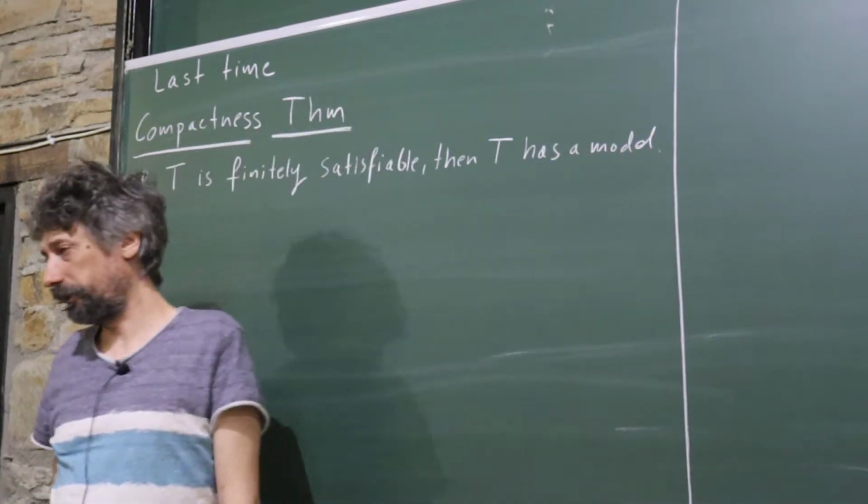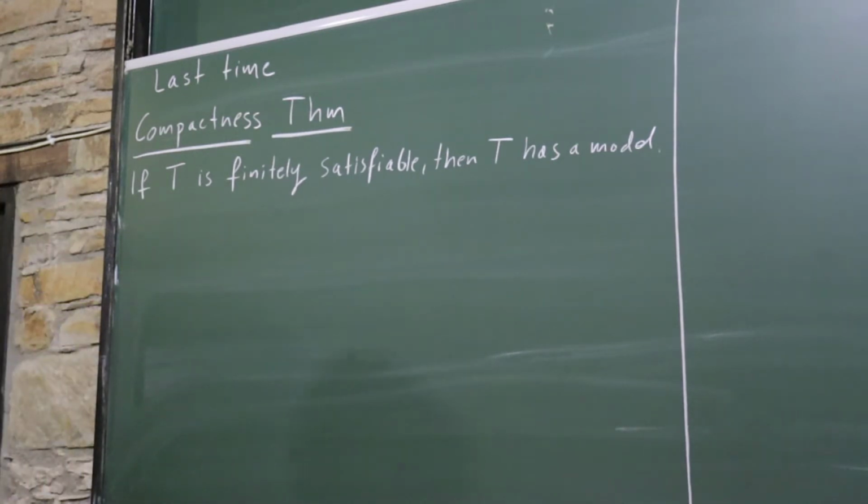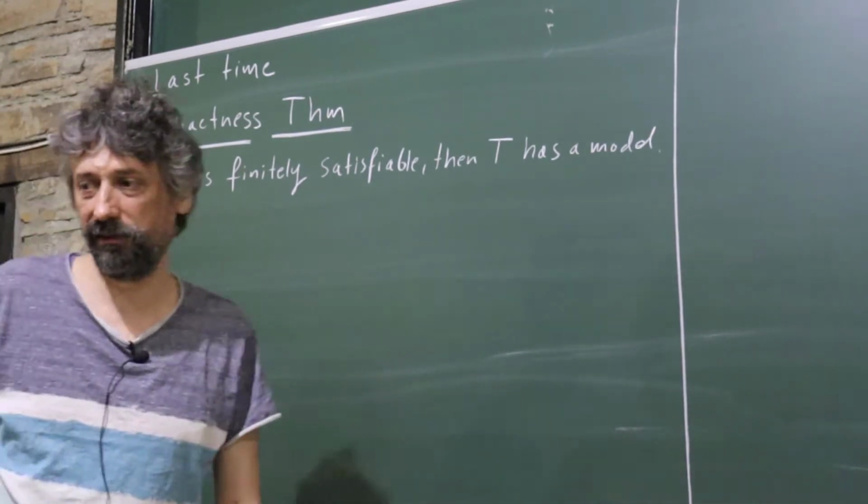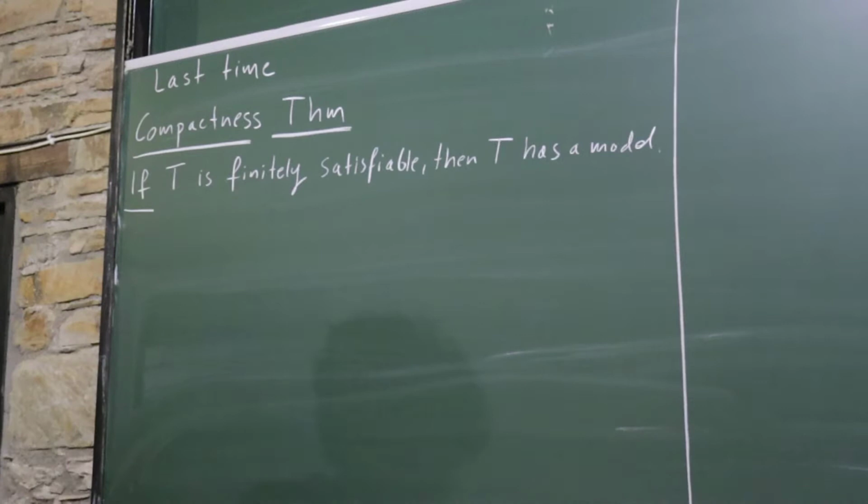Okay, today I have first some general comments related to the compactness theorem and topics around it, and then we will finally get to proving these theorems MT1, MT2, which were necessary for the Ax theorem and the Hilbert Nullstellensatz.